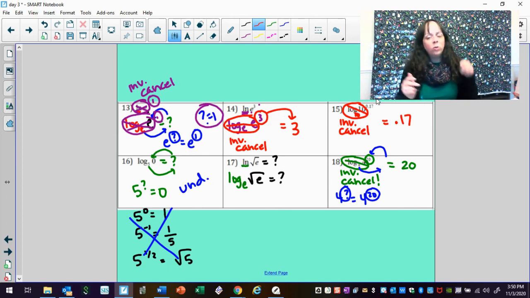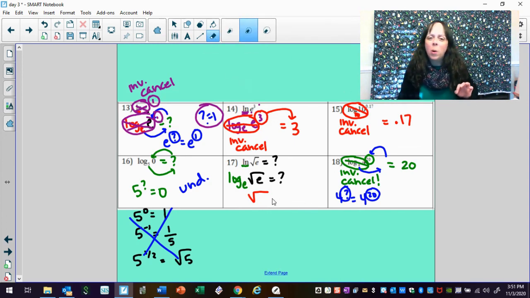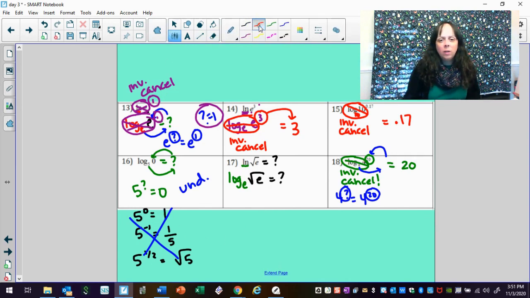When they cancel, they don't just leave a square root symbol. It's not just a floating square root by itself. It needs to be, what was the exponent? So before you cancel, think about this.